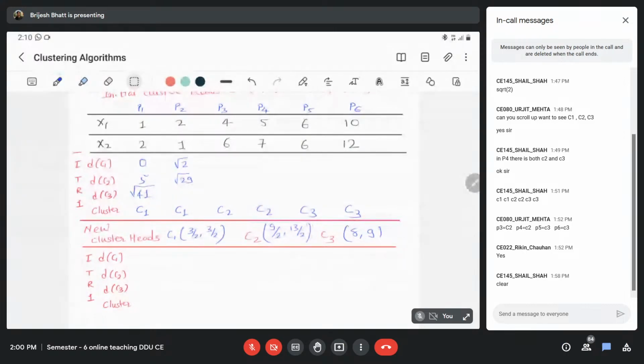I guess points 1 and 2 remain the same. They are still closer to the 3 by 2, 3 by 2 points. Right?